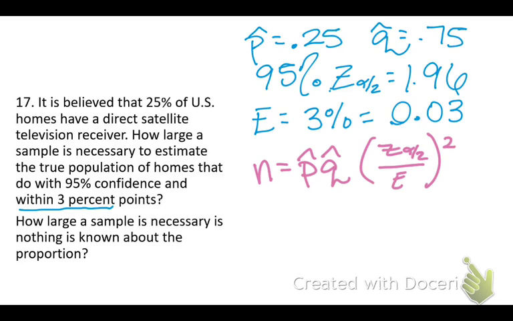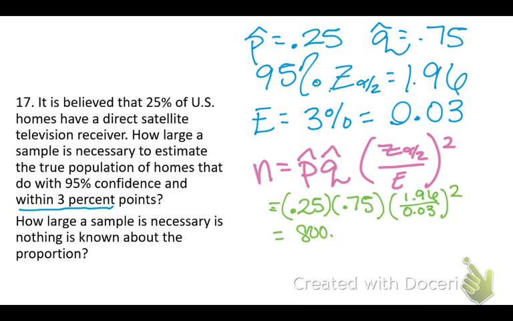We'll use green again, and you should get 0.25 times 0.75 times 1.96 over 0.03 squared. And when you plug all of that in, it's going to give you 800.3 repeating. And since we're talking about the population, we're going to round up to the nearest whole number, which is going to be 801.